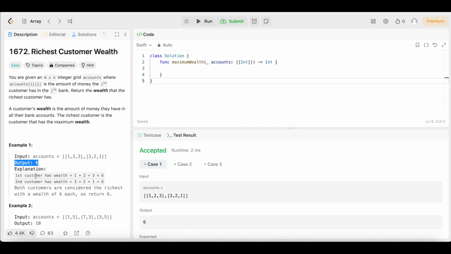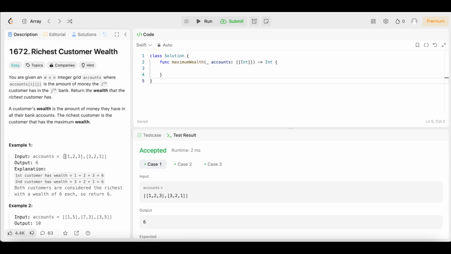The explanation: the first customer has a wealth of 1, 2, and 3. When you add all those together, it equals 6. And then the second customer has a wealth of 3, 2, and 1. And when you add all of these together, it equals 6. So the output is 6 because both customers are considered the richest with a wealth of 6 each. So we return 6 because both of the customers have $6 in their bank account.